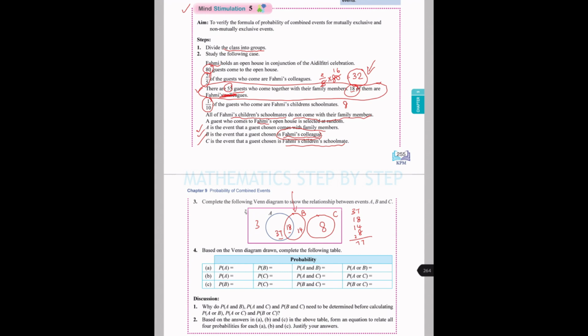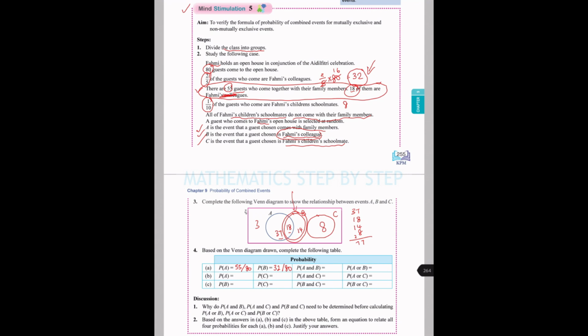So based on the Venn diagram drawn, complete the following table. Probability of getting A, meaning probability of getting a guest from this set. Okay, so it is 55 out of 80. Then probability of getting B is the probability of getting a guest out of this set. So it is 18 plus 14, so 32/80.